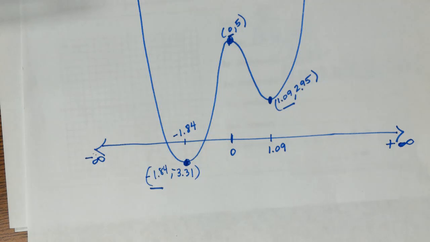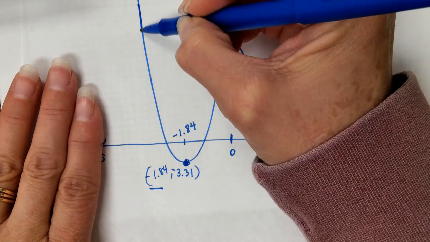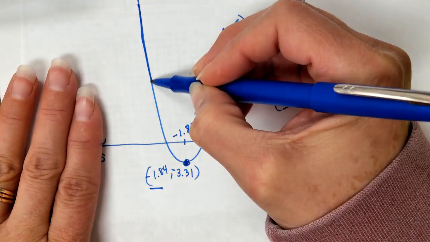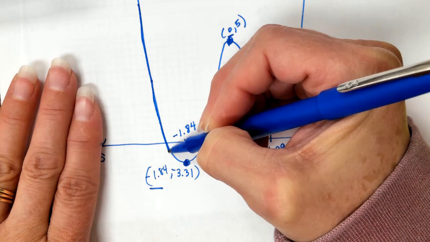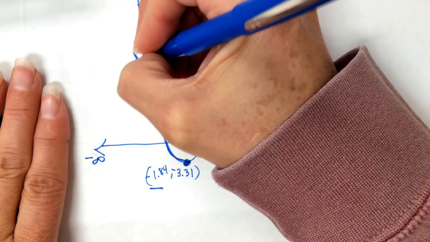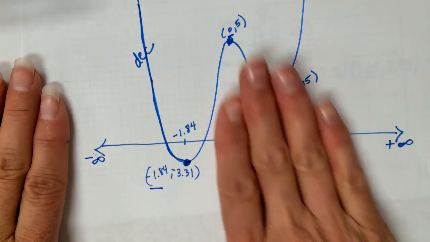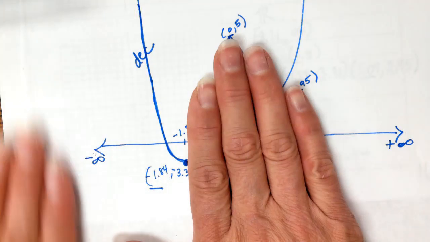Now, if we start looking at our graph and follow it, on this side of our graph, I'm decreasing, I'm falling, okay, and I fall until I get here. So this is a decrease, and it decreases on all of this side.